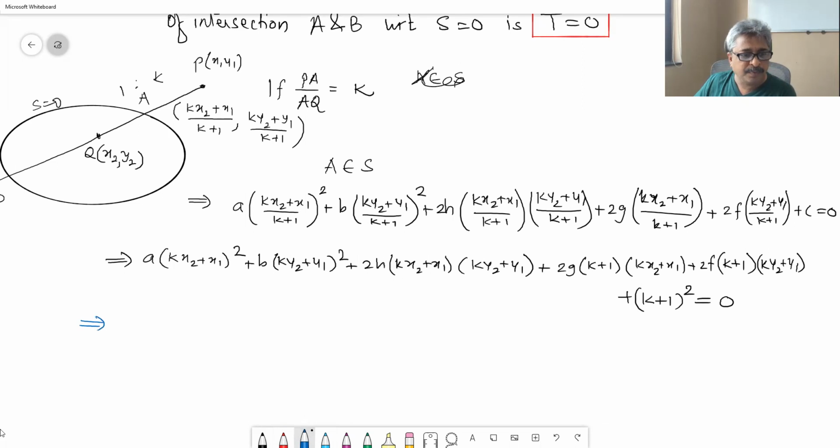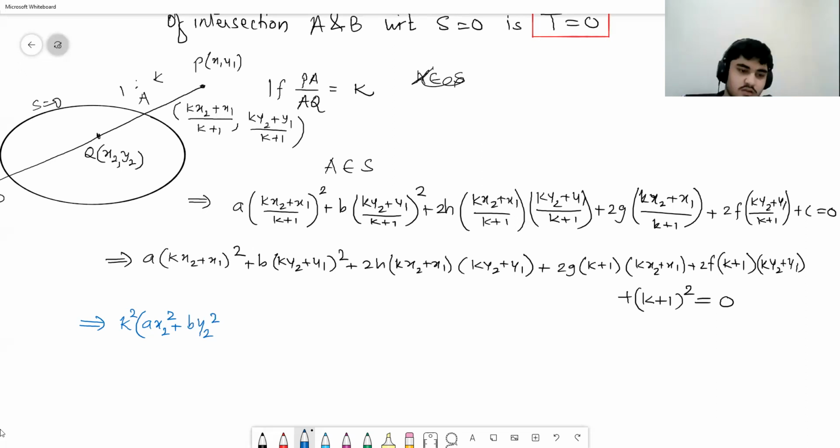Now let us jump. We know that there will be k square terms, k terms and constant terms. So let us collect the coefficient of k square: a x2 square, b y2 square, and the last term should be c into (k plus 1) square. Okay, good.